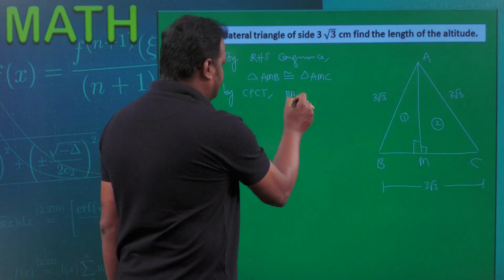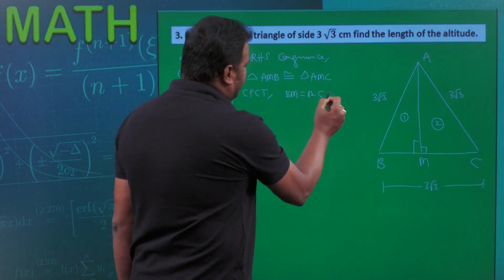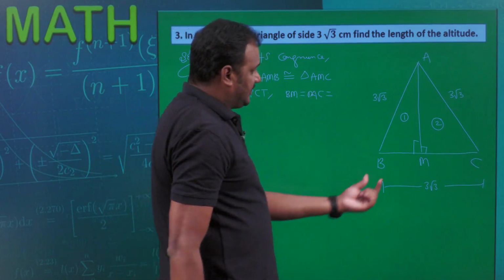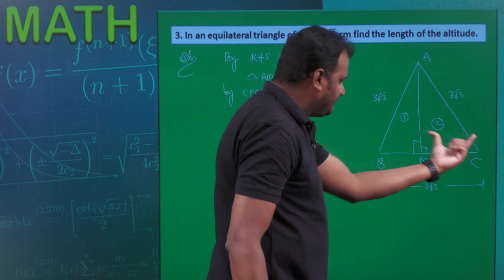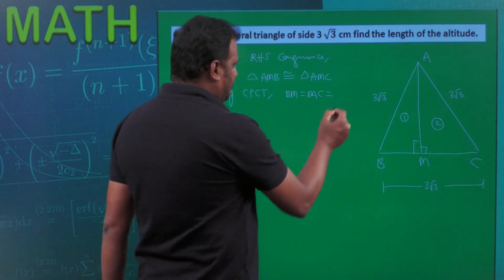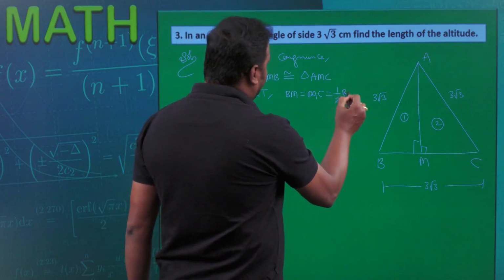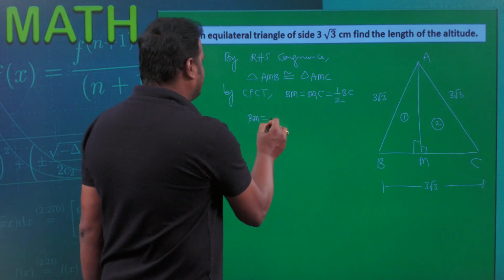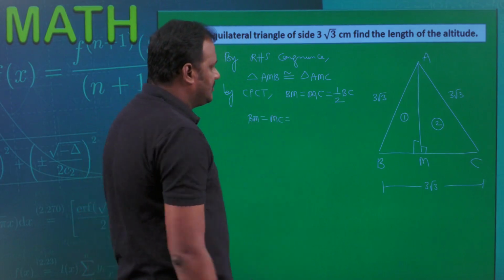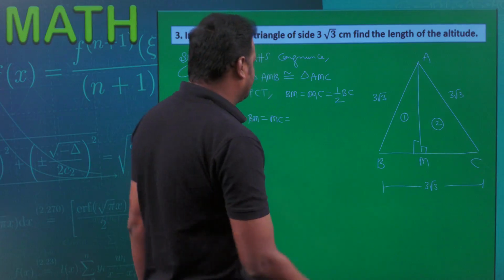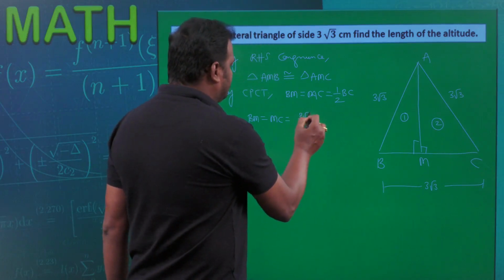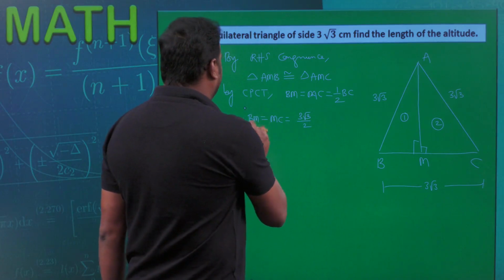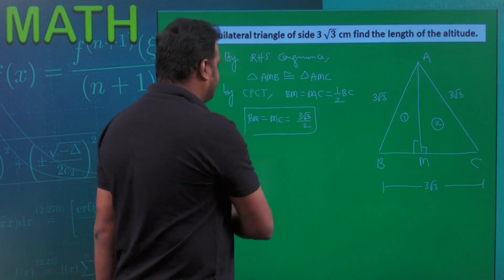Both BM and MC are equal to half of BC, right? So BM is equal to MC is equal to half BC. BC is 3 root 3, so 3 root 3 divided by 2 is BM is equal to MC.